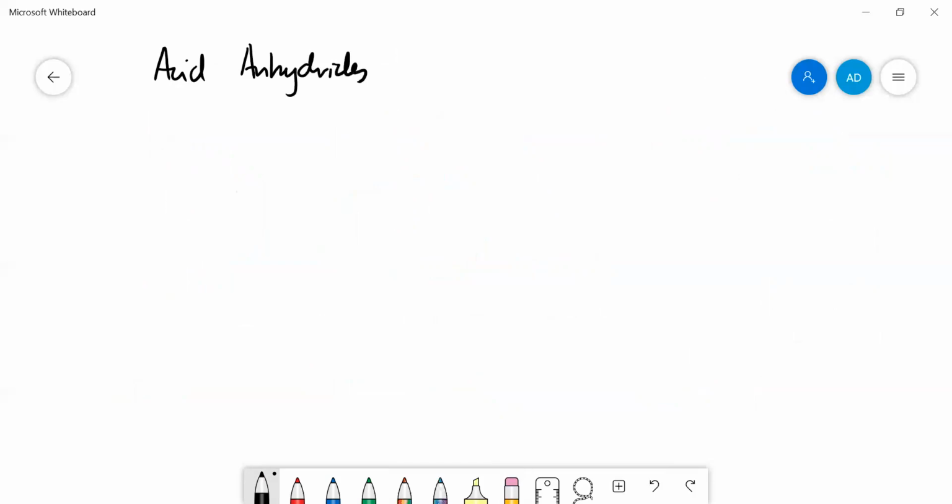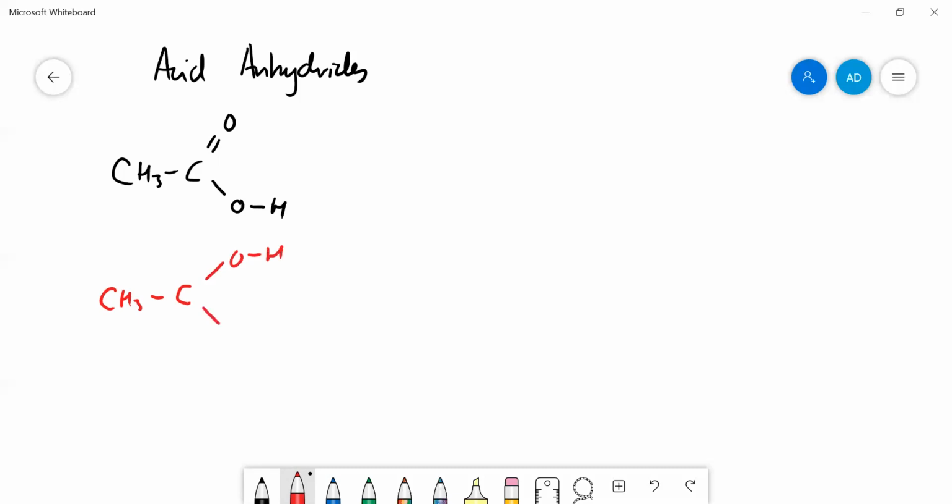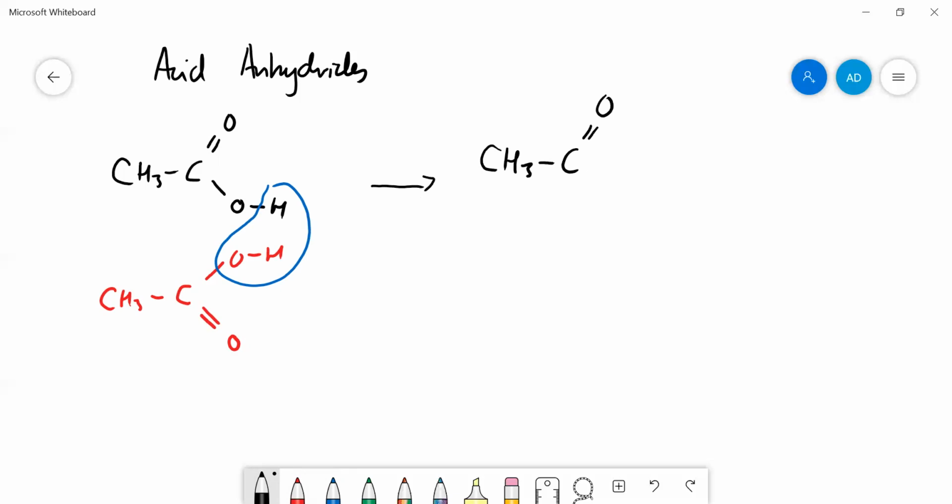Well, you can think of them as being formed from two molecules of ethanoic acid, and if you eliminate a molecule of water from there, then you can see what you're going to get is the acid anhydride.